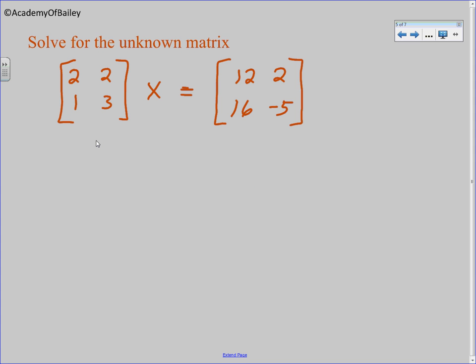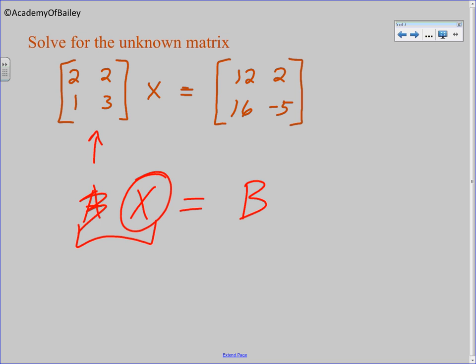Well, how will you solve for matrix X? Back in the first slide, let this be matrix A. So we have matrix A times matrix X, and that's going to equal matrix B. What can we multiply this left side by to cancel out matrix A and only leave us with matrix X?